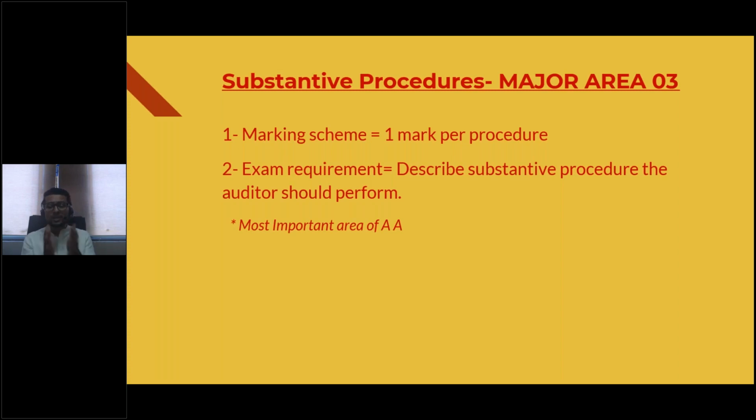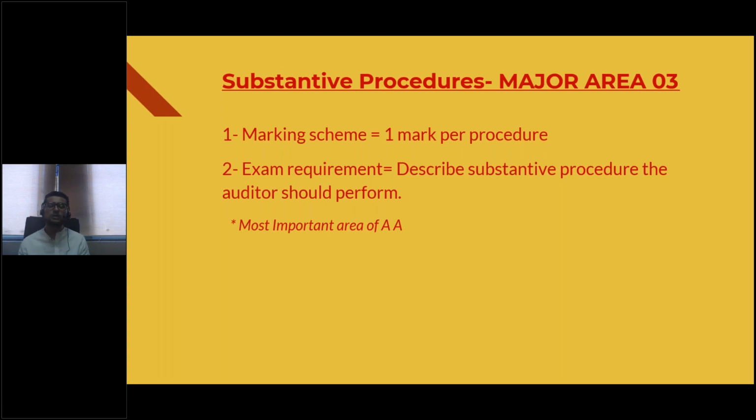Now those actions, taken by the auditor in order to gather some kind of evidence, can be divided into two major categories. The first category is called test of controls. The name speaks for itself.